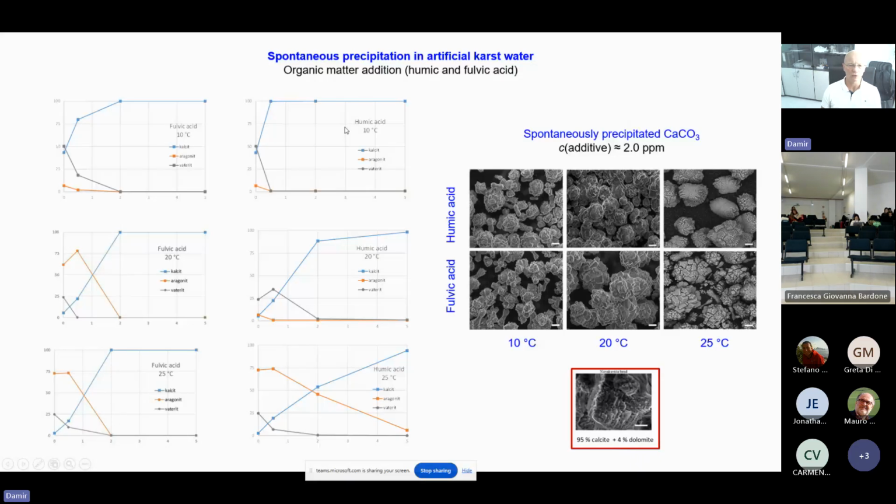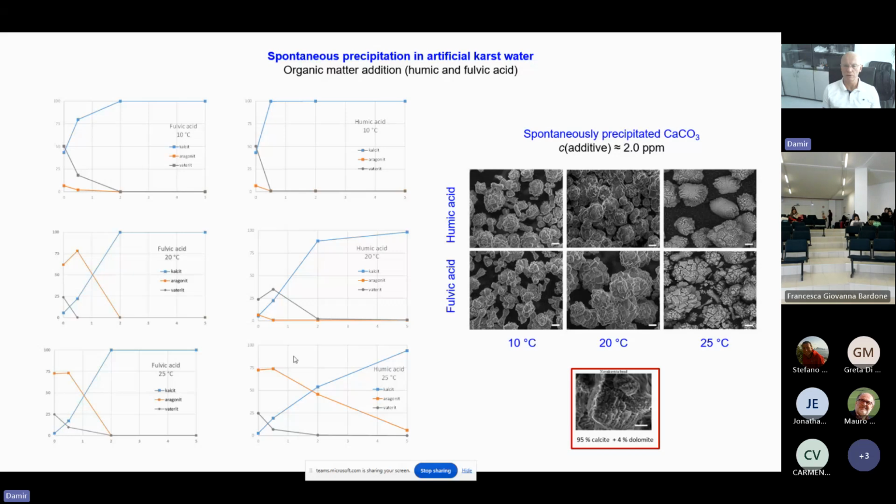The situation is not identical in a humic acid system because at the highest temperature, at 2 ppm, the dominant polymorph is aragonite, which is definitely the consequence of what we learned before, that increasing temperature, not only the magnesium, can enhance the formation of aragonite.